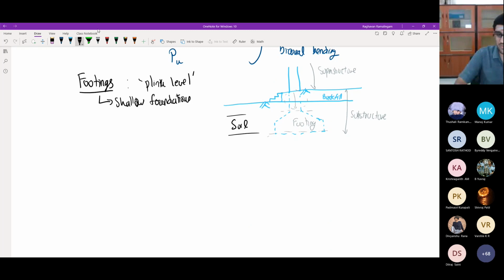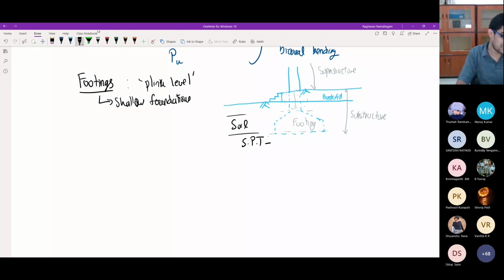What is the full form of SPT? Standard penetration test. What is the use of this test? Why is it important? It finds parameters like the angle of friction and cohesion, and from that we can find the bearing capacity of the soil.